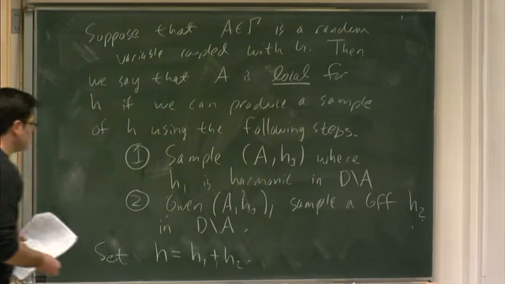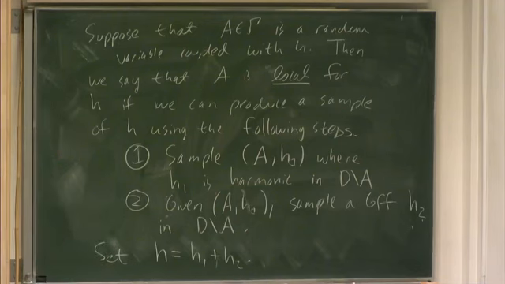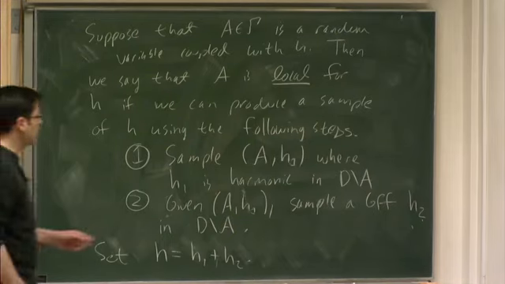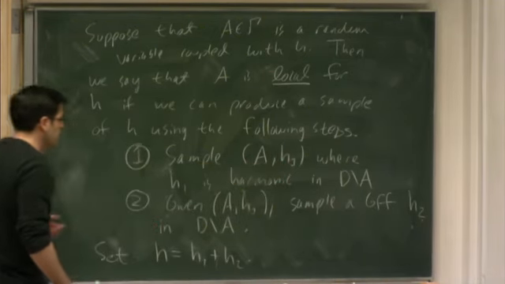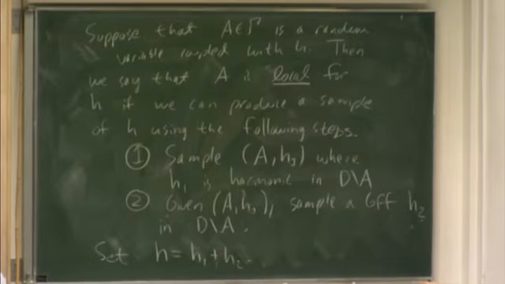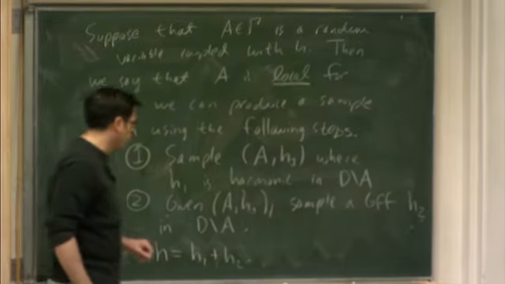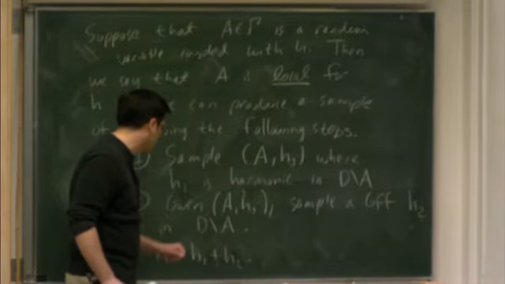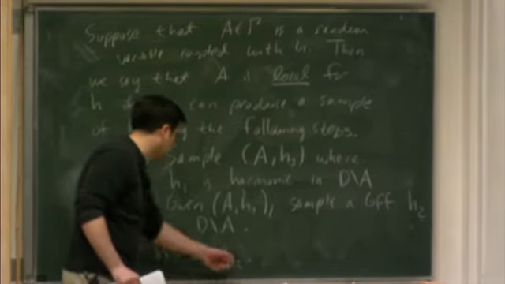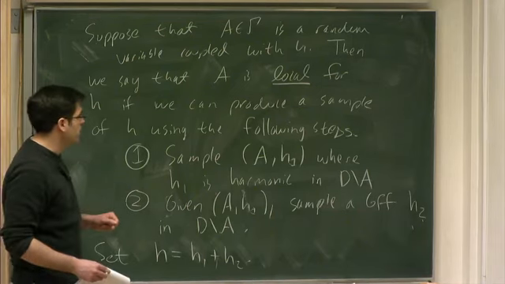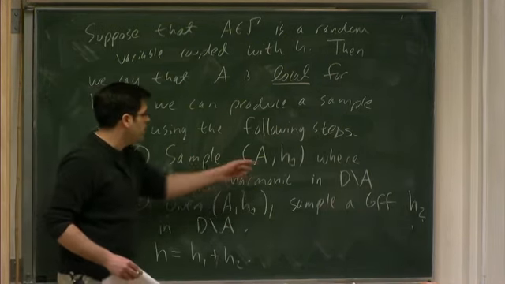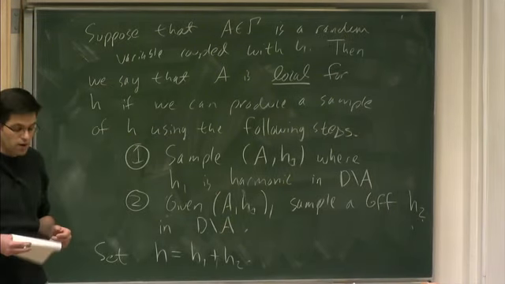Okay, so a set is a local set for the Gaussian free field if there's a way of sampling from the law of the free field such that you first pick a distribution which is harmonic in the complement of A, and then once you've picked your distribution, you can sample an ordinary Gaussian free field in the complement of A, and then take the sum of these two objects. Okay, so this is exactly analogous to the Markov property for the Gaussian free field, except this set A here is allowed to be a random set.